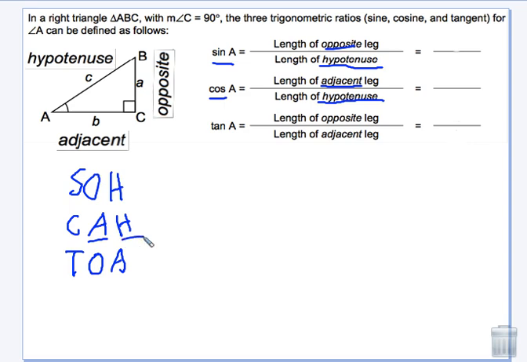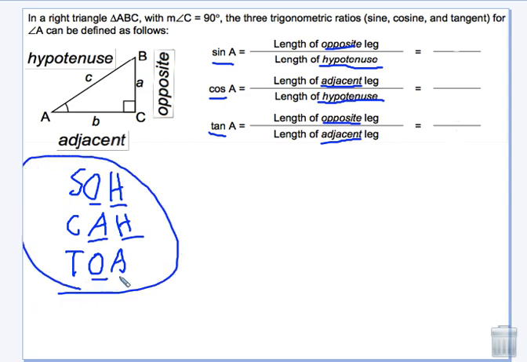That's where your A and your H and the O and the H come from. And then if you're looking for a tangent, you take the opposite leg and divide it by the adjacent. So this right here is just a way to remember what sides of your triangles you're multiplying and dividing by. Okay.